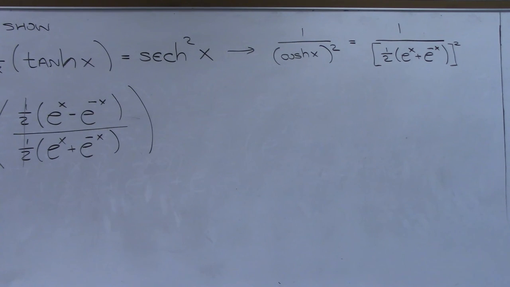F prime G minus G prime F over G squared. It's different ways that people learn it. All right, bring it back to the surface.